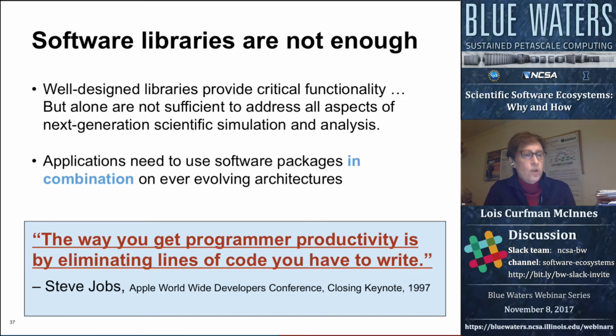In particular, we as a community need to think about making it much easier for applications to be able to use multiple software packages developed independently by different groups in combination on architectures that are constantly evolving and changing.